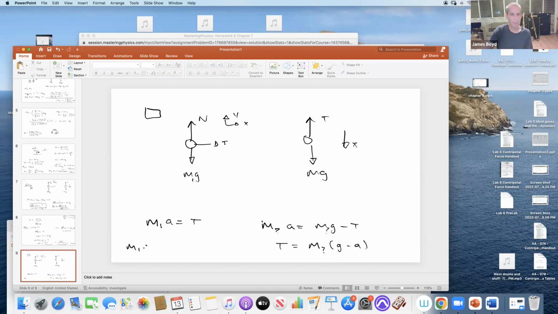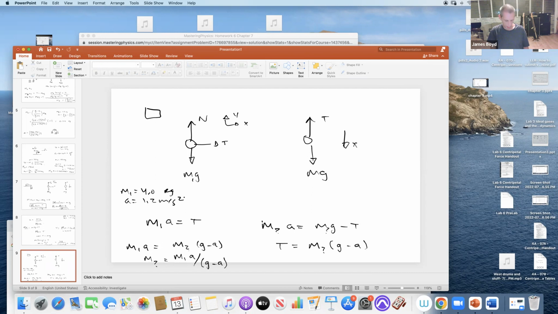So M1A is equal to M question mark times G minus A, or M question mark is M1A over G minus A. They told us that M1 was 4.0 and A was 1.2.